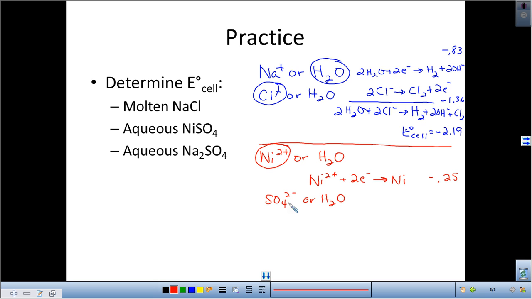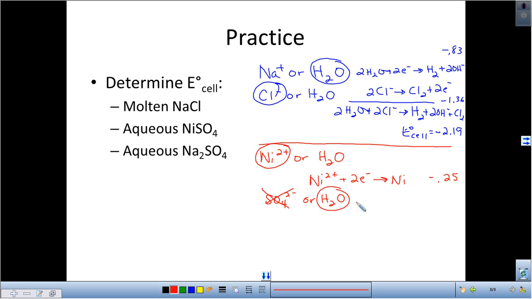Well, I just told you that polyatomic anions are never oxidized. Why? Well, that's just the way it is, and they're not even on your reduction potential table, so you can't find them anyway. So if that's the case, then it has to be the water. So the water is going to be oxidized.